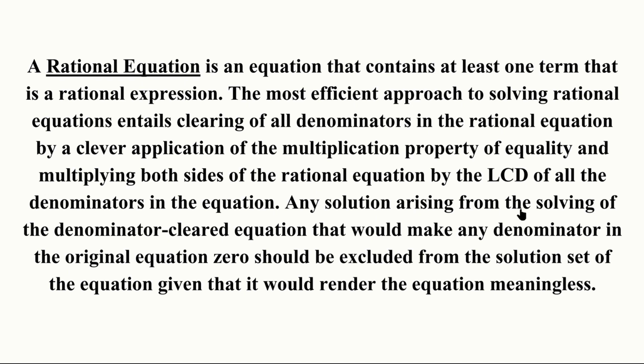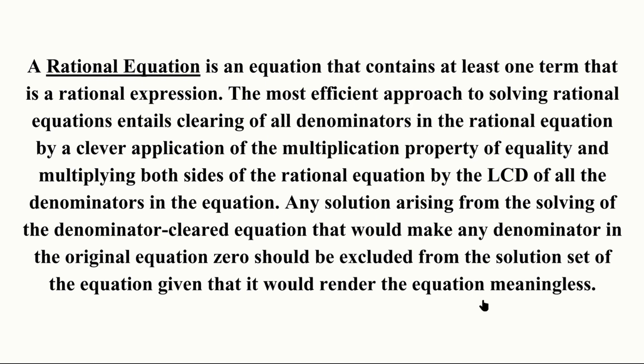Now, any solution arising from the solving of the denominator-cleared equation that would make any of the denominators in the original equation 0 will be excluded, because plugging it in would make the original equation meaningless.